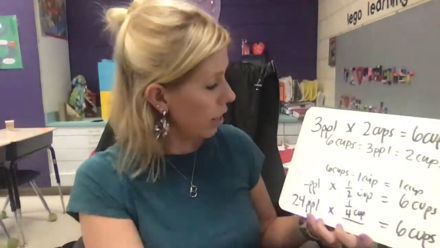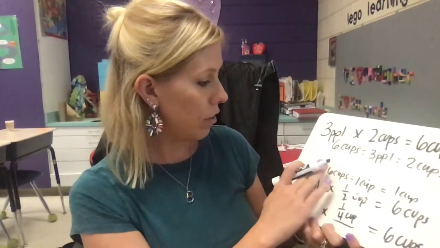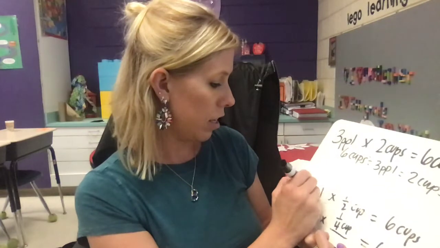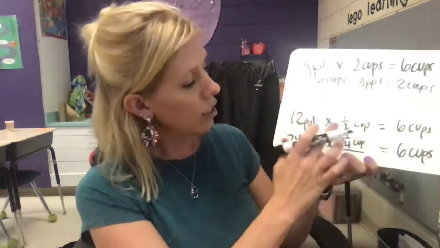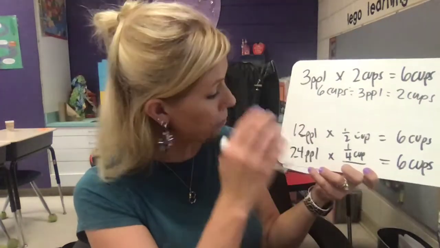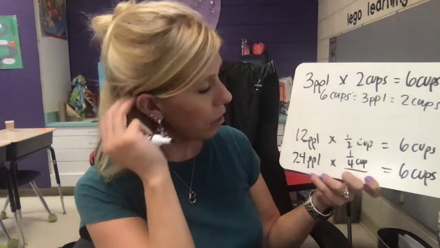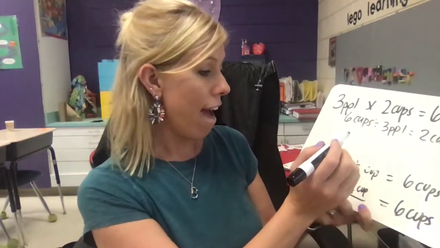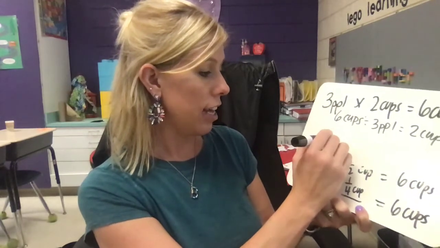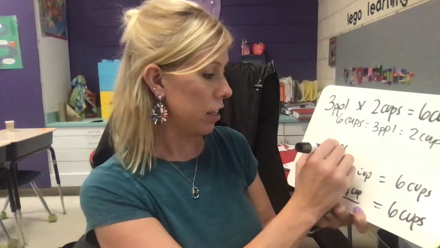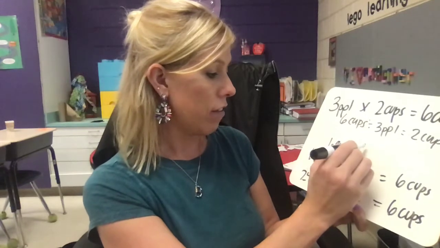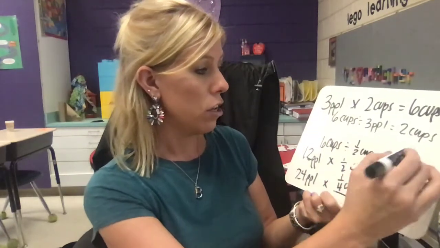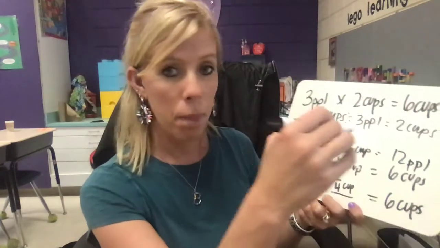Or, if we come down here, 12 people and half a cup, that was 6 cups. Or we could do the division. I have 6 cups and I divide a half a cup each. That means I can have 12 people there.